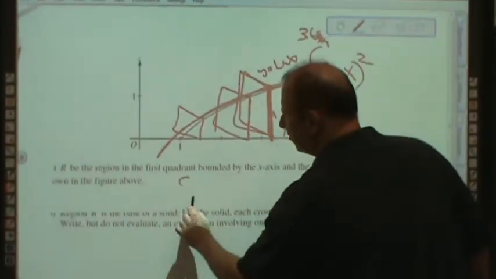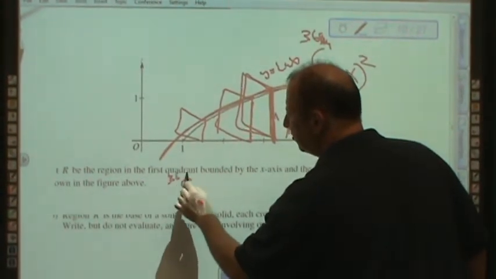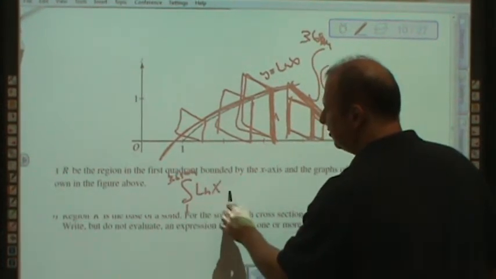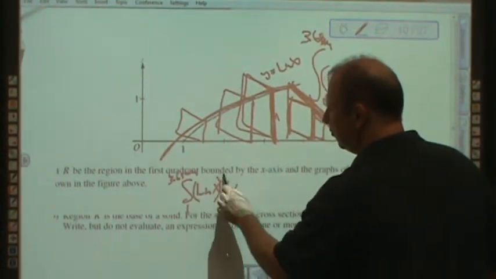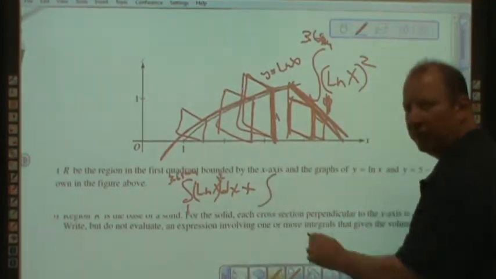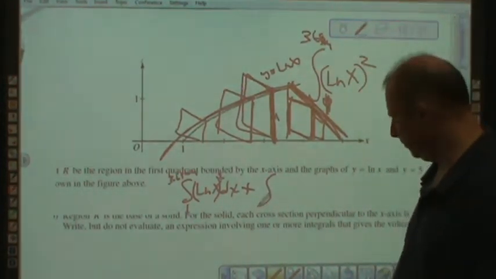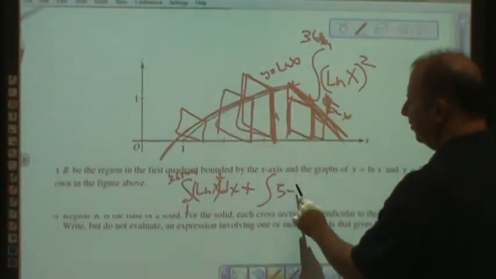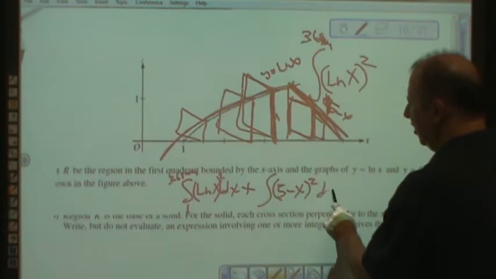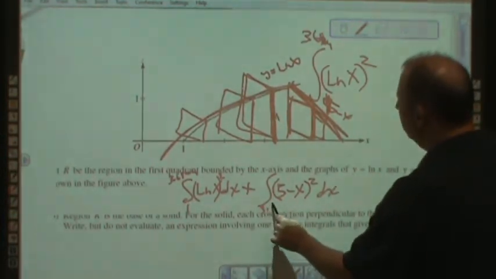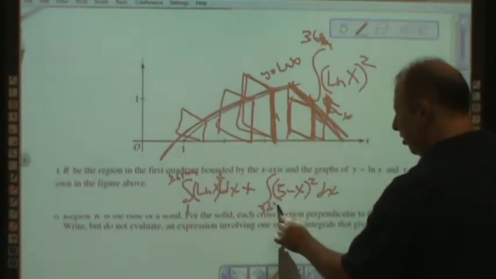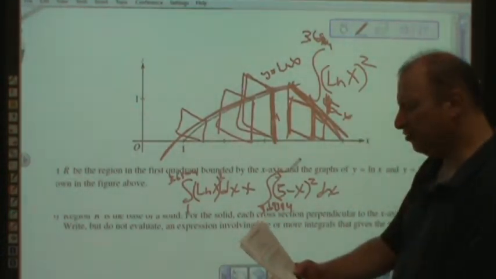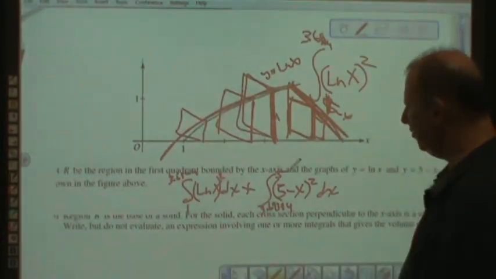So ultimately my answer will be the integral from 1 to 3.694, whatever the number was, of log of x, quantity squared, dx, plus the integral of 5 minus x, quantity squared, dx from 3.69344 to 5. And the question says, do not evaluate. So that's your ultimate answer.